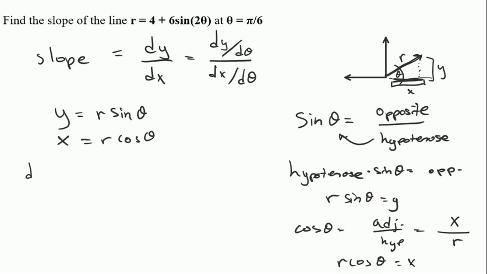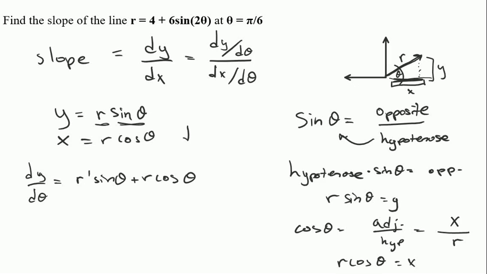So, if we're finding dy d theta, we see this r and the sine theta. Those are two different terms, so we need to use the product rule since it is the product of r and sine theta. So we get r prime sine theta plus r times cosine theta.